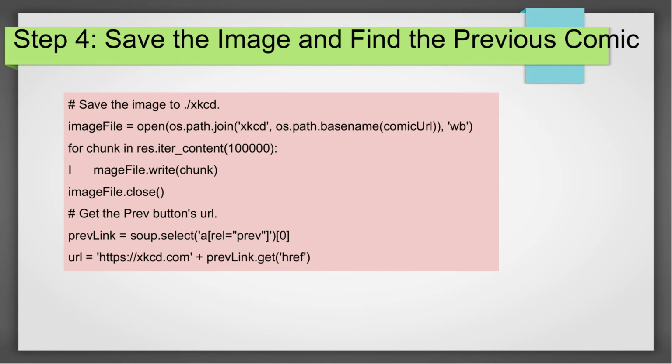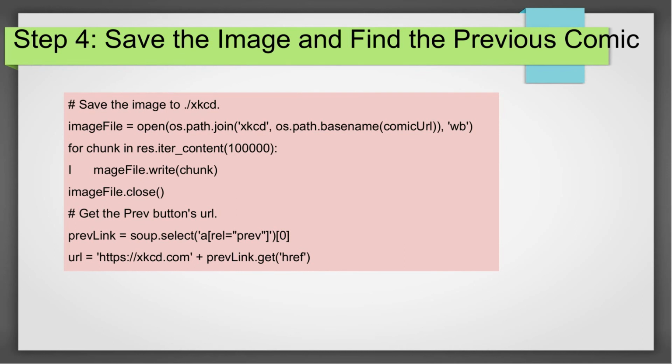Step 4. Save the image and find the previous comic. Make your code look like this. The image file of the comic is stored in the res variable. You need to write this image data to a file on the hard drive. You'll need a filename for the local image file to pass to the open function. The comic URL will have a value which, you might have noticed, looks a lot like a file path.